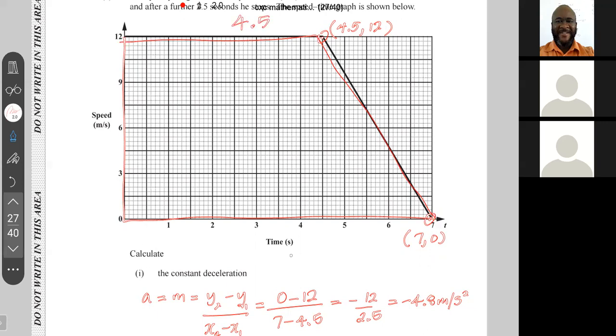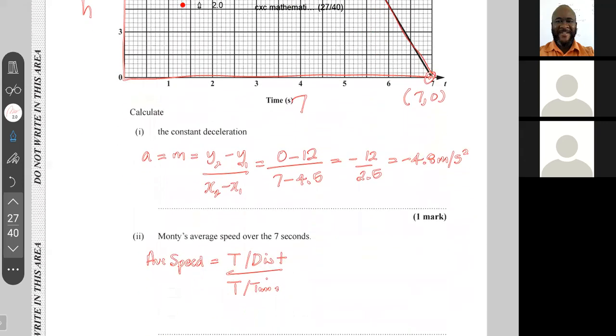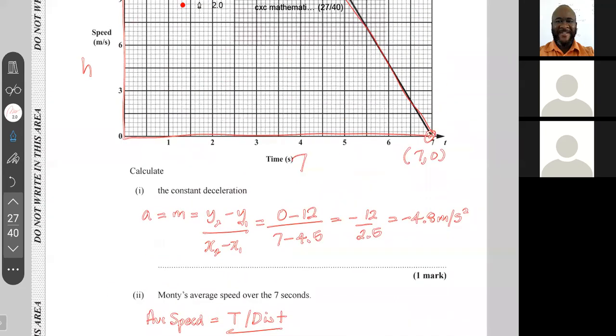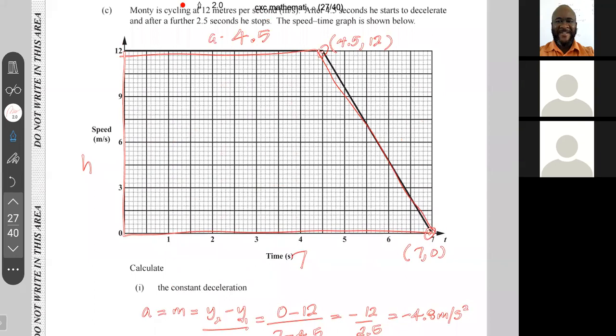Down here is 7, and the height is 12. So if I want to get the total distance, I just need to calculate the area under the graph. So the total distance is the area, which is equal to a half (a plus b) times h. This is a, this is b, and this is h, which is 12.